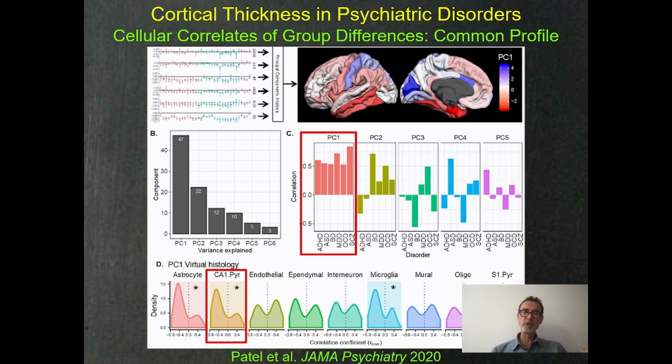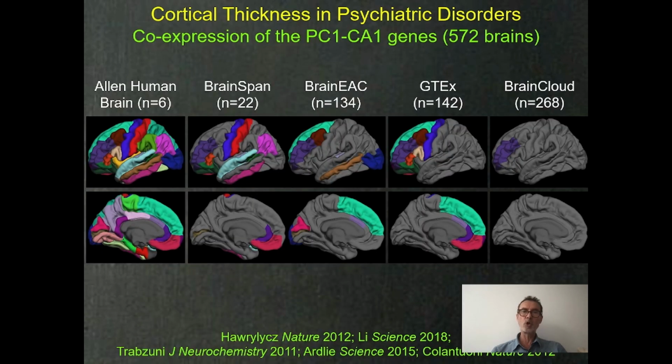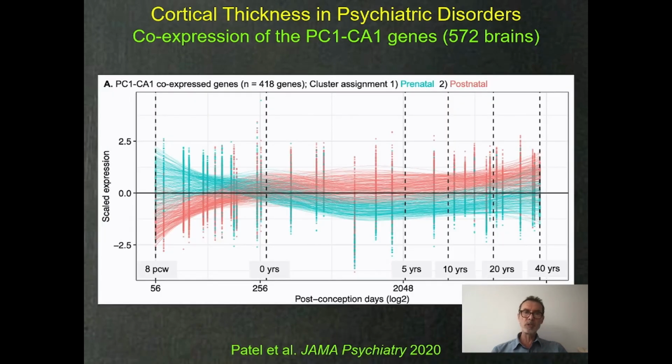And we can go beyond that and identify other genes that co-express with the genes that are related to our commonality, the common profile. For that, we use a different data set here of gene expression across about 500 donors. And when we plot those genes, we see that there are essentially two types.